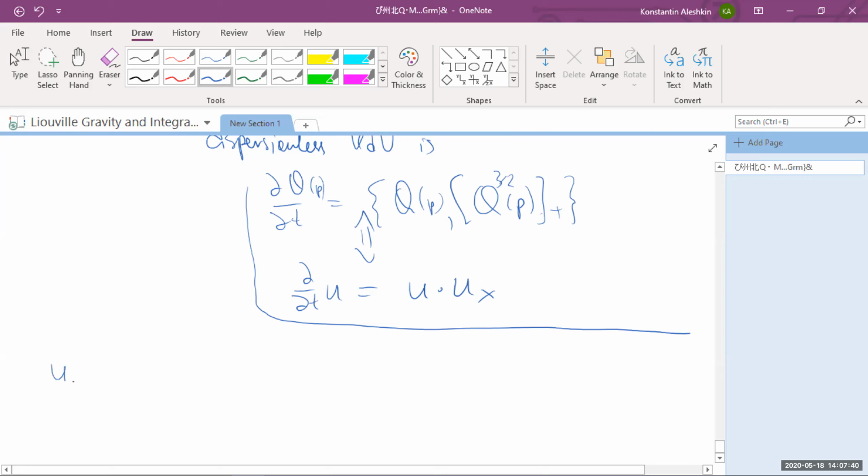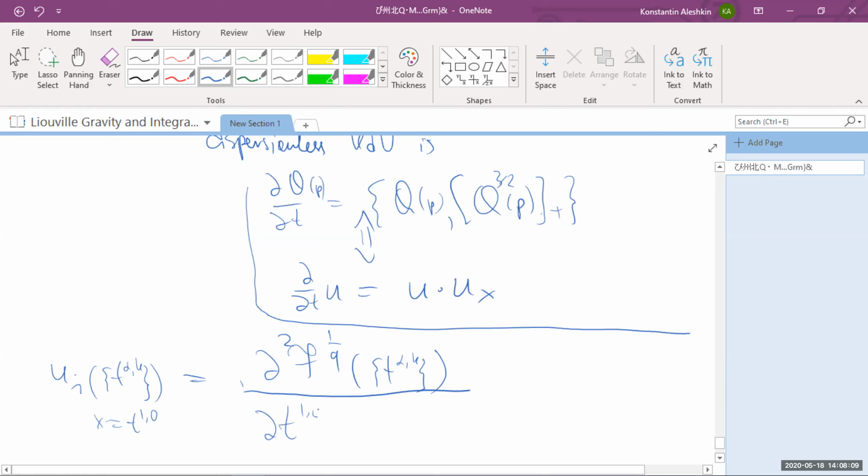Right, so I, which depends on this T alpha K, and remember that X is T1,0, is a second derivative of our free energy, so of our generating function, F1 over Q of T alpha K, derivative with respect to dt10, dt I0. So this is one of the ways to represent the Witten conjecture, generalized Witten conjecture in this case.